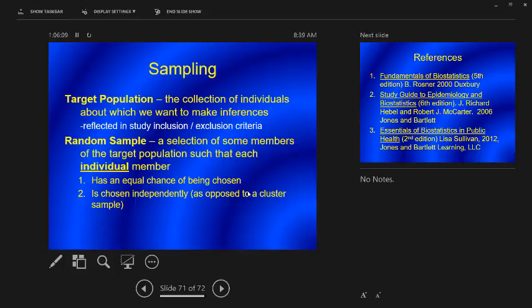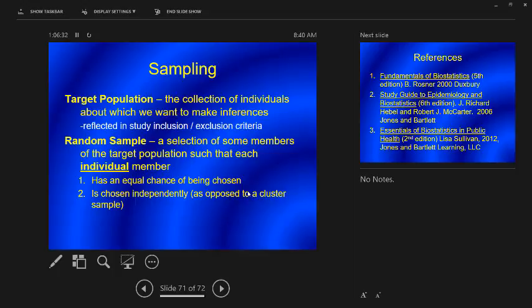We said first we have to restrict it to females, and then we might further restrict it to females between 18 and 45 years of age. In that case, just inclusion criteria: in order to be included, you have to be female between 18 and 45 years of age. If you meet those criteria, you're eligible to be in my study.